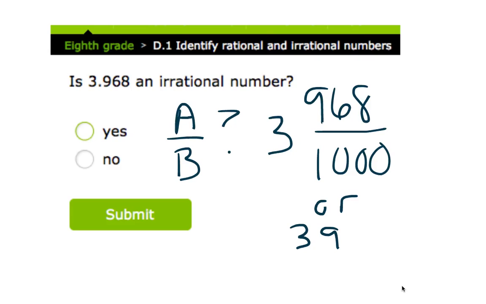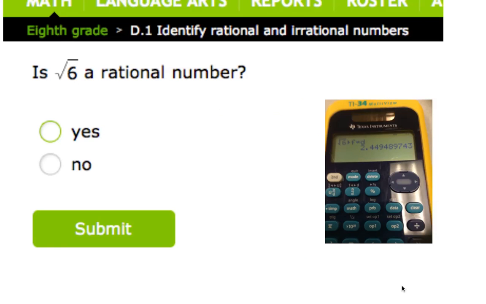Now be careful, I think I may have made a mistake here because the question says, is it irrational? So the answer should be no, and I think I'm about to choose yes because I didn't read it carefully. So I would have got that one wrong on IXL. The answer on this is actually no. It is not irrational. It's a rational number. So in the 8th grade D1, be careful to read the question carefully.